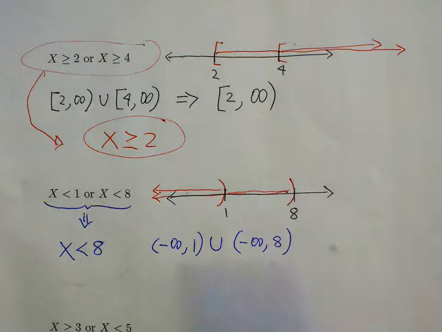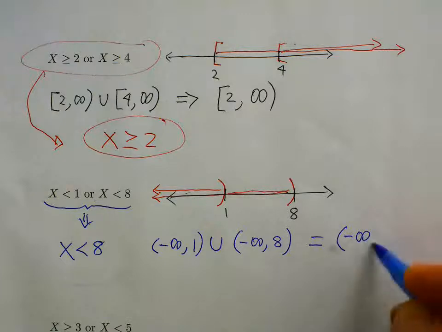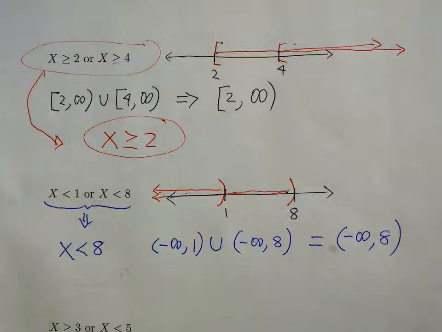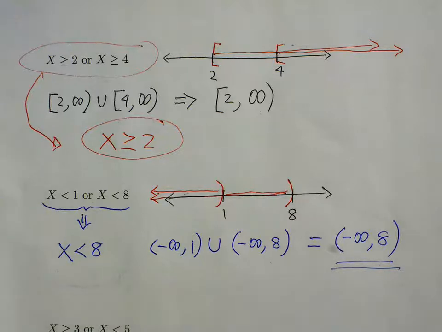But this can be simplified to the set of numbers from negative infinity to 8, parenthesis. So this is the simplified interval notation that we want in this case. Is this making sense?